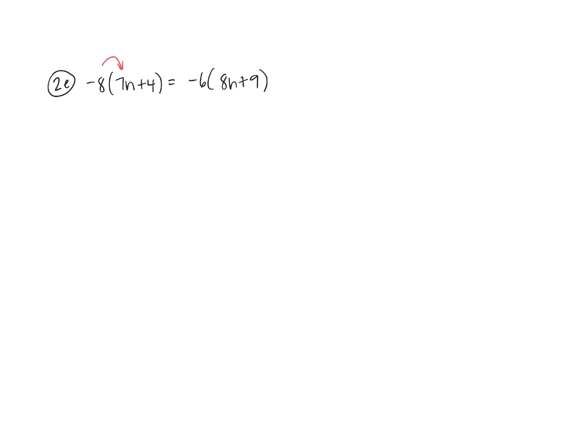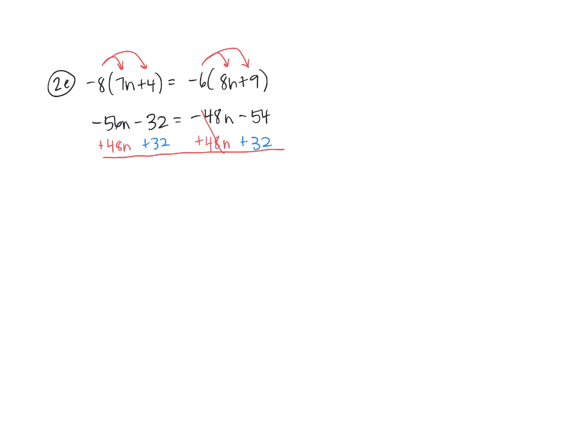So we start by distributing, and we'll get negative 56n minus 32 is equal to negative 48n minus 54. So from here, we will move our n's to the left. Since I have a negative 48n, I'm going to add 48n to both sides. And then I'm going to add 32 to both sides to move it to the right.